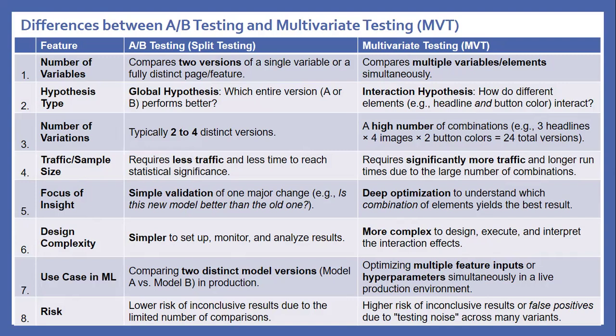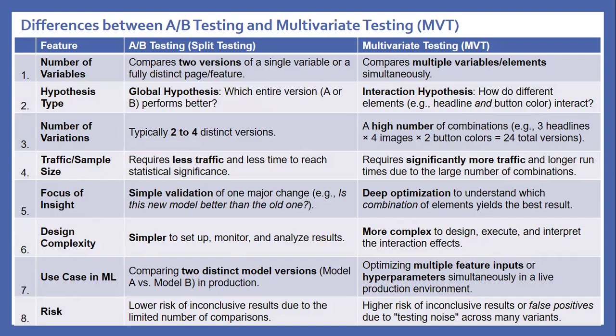Number of variants. A/B testing typically has 2 to 4 distinct versions. Multivariate testing has a high number of combinations, for example 3 headlines, 4 images, 2 button colors equal 24 total versions. Traffic and sample size. A/B testing requires less traffic and less time to reach statistical significance.